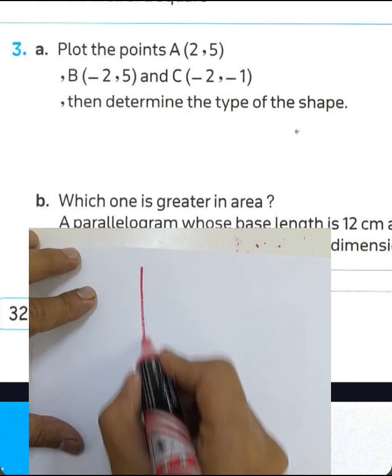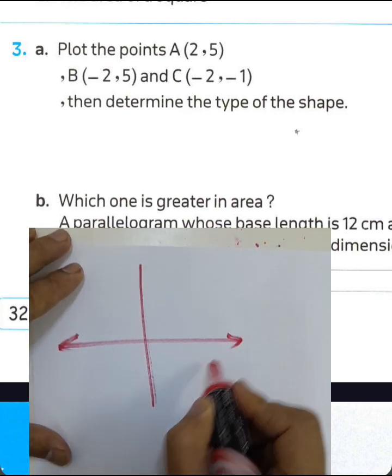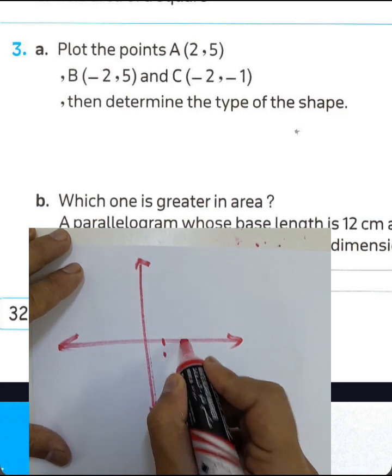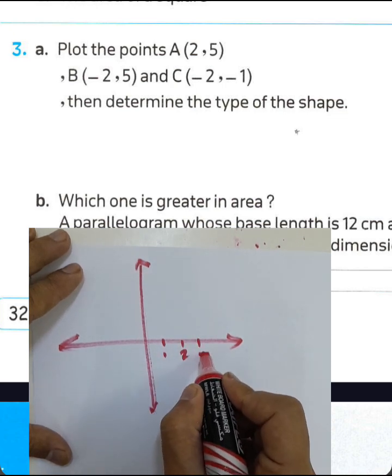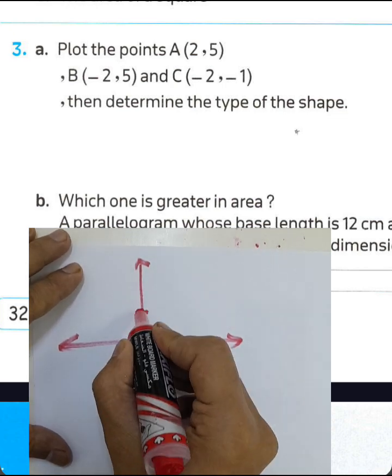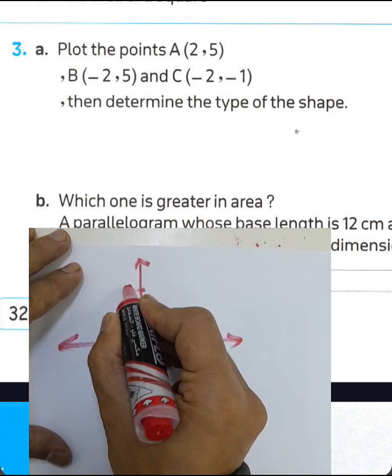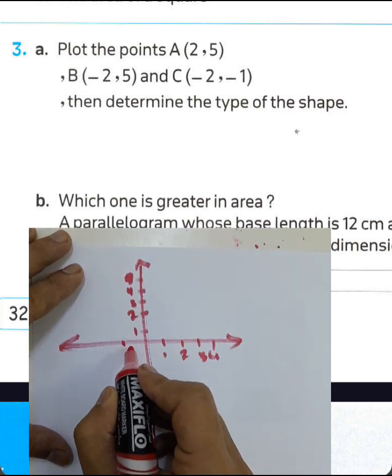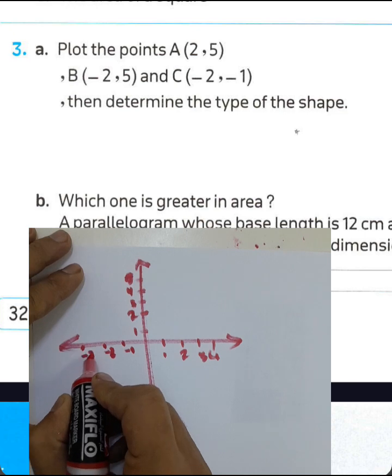Okay, we will draw a graph, 1 2 3 4, 1 2 3 4 5, negative 1, negative 2, negative 3.